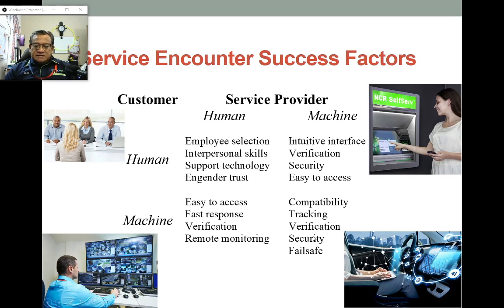Of course, it needs very secure verification for accessing the system. And in whatever mode of operation, if the system fails, it must be safe. So if the system fails to operate, the human can take over the driving of the car. Those are the four quadrants of success factors in delivering customer service.